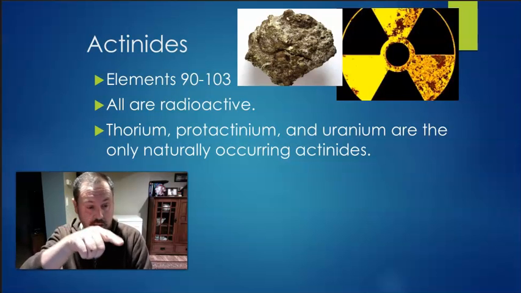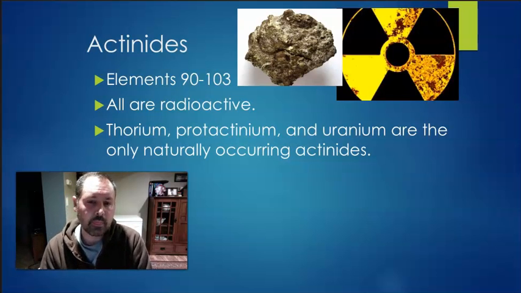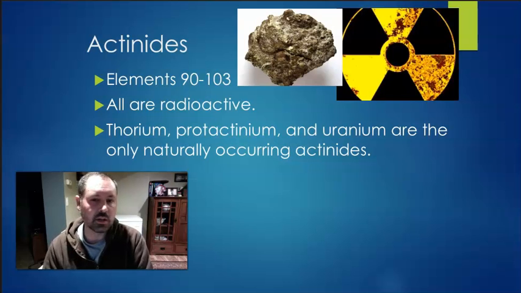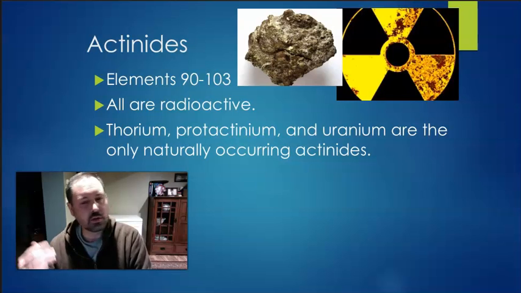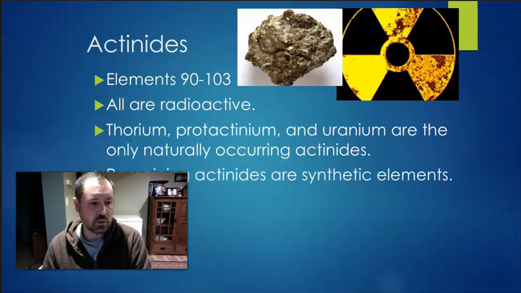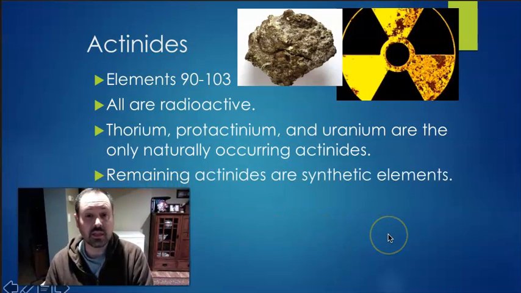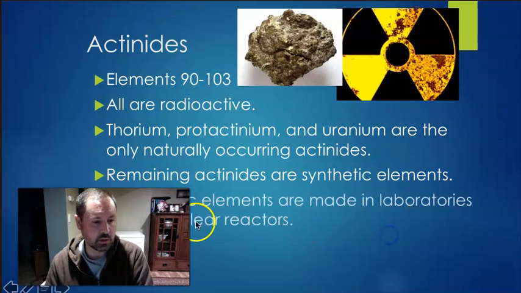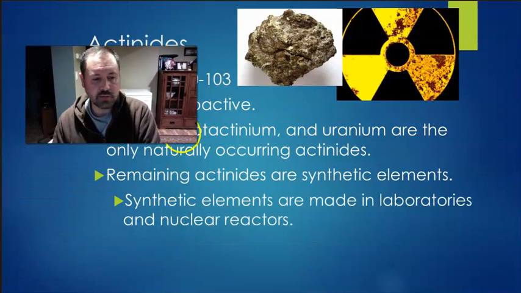No. Remember, only these three are stuff you could dig in the ground with a shovel and find. But all the other ones, they're either made in a particle accelerator or they are made in a nuclear laboratory. So the remaining actinides are synthetic. If they're synthetic, they're made by humans. They're not naturally occurring. They're not found in nature.